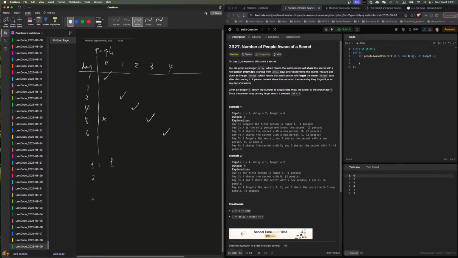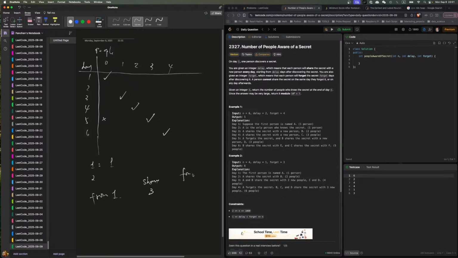In this case, delay is 2, forget is 4. If we start from day 1, that person starts to share the secret on day 3.